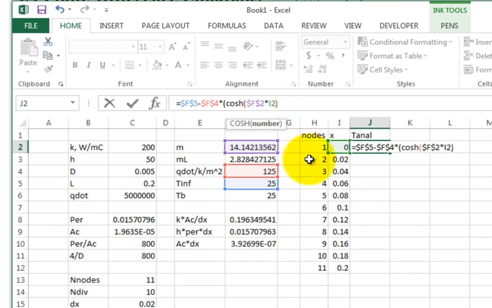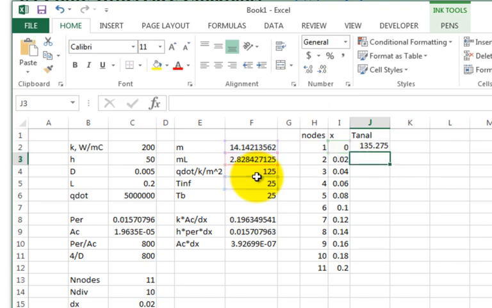And then close parenthesis, divided by cosh of m, lock that in, times L. Well, I already had that, don't I? Just put mL right there. Close parenthesis, minus 1, close the overall parenthesis, and let's see if it works.